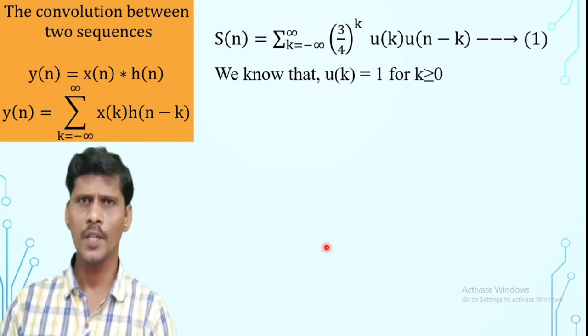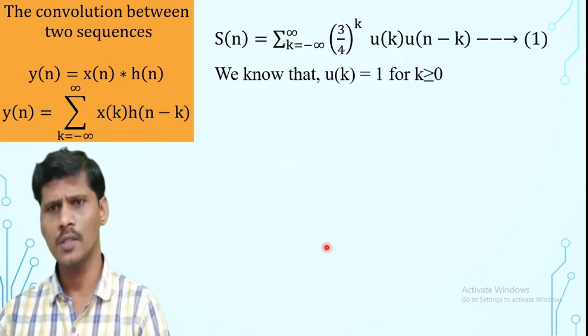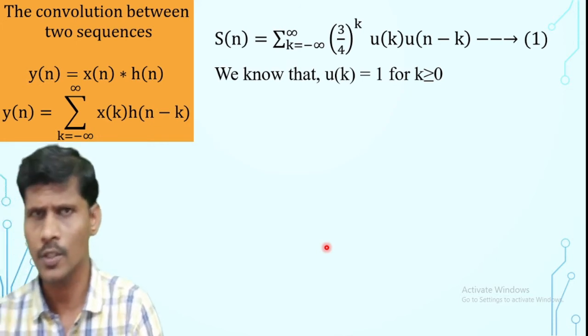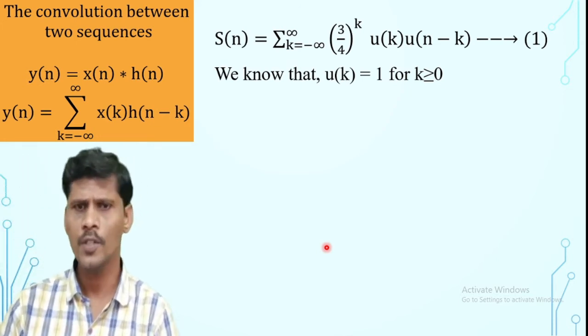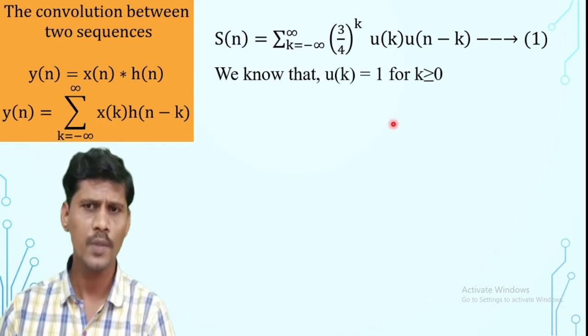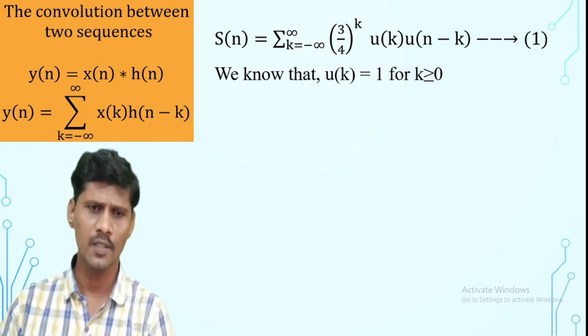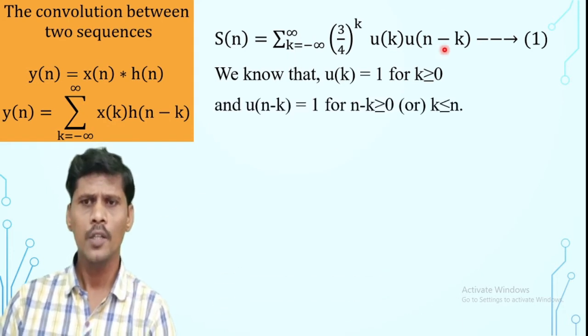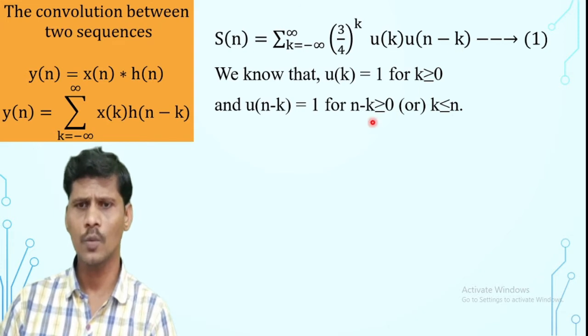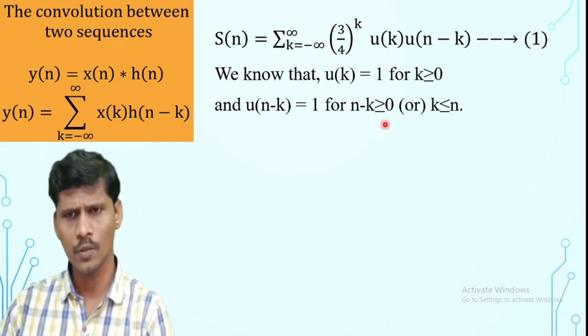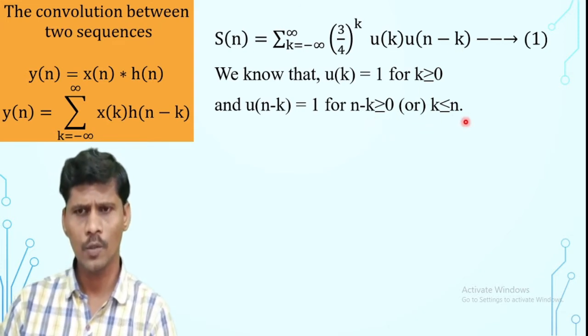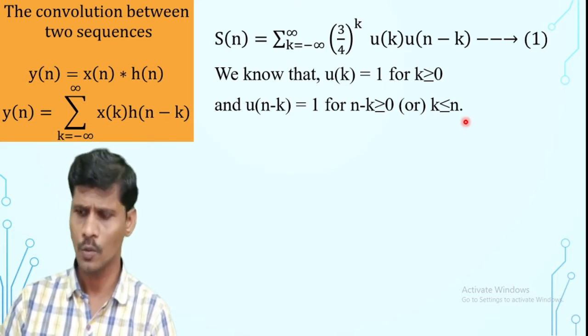What is u of k? U of k is the unit step sequence and u of n minus k is also a unit step sequence. According to the definition of the unit step sequence, u of k is equal to 1 for k greater than or equal to 0, and u of n minus k is equal to 1 for n minus k greater than or equal to 0, that is n greater than or equal to k, or k less than or equal to n.